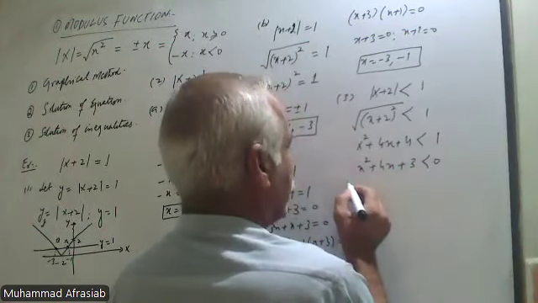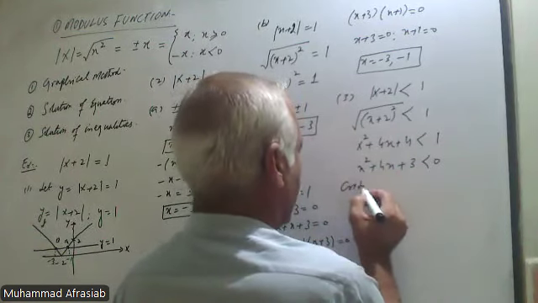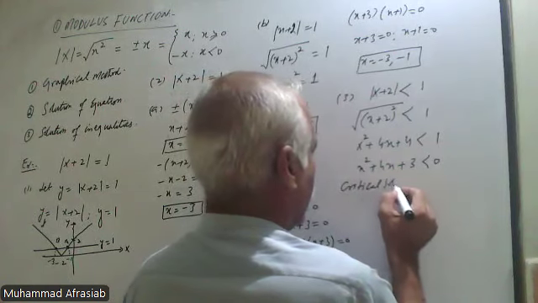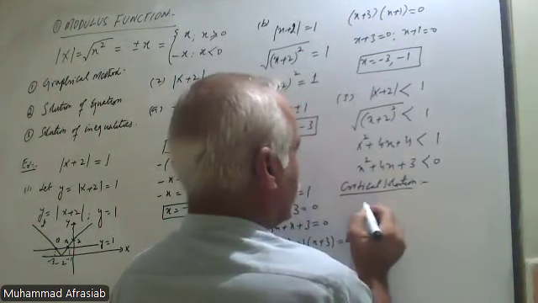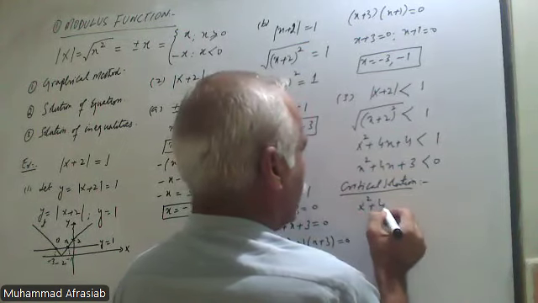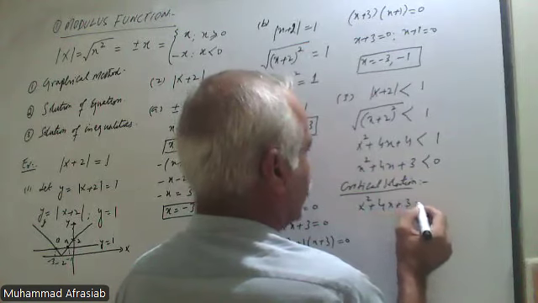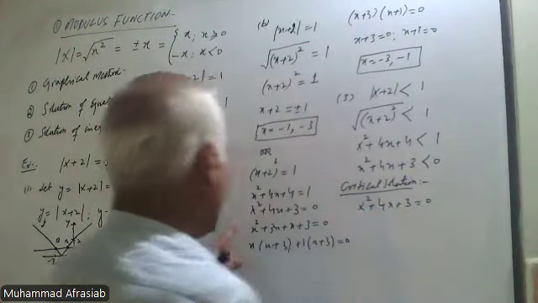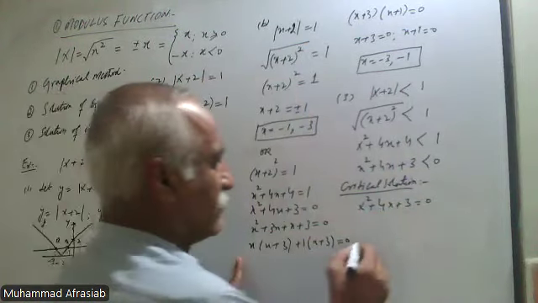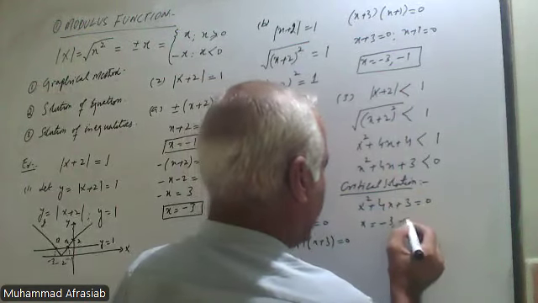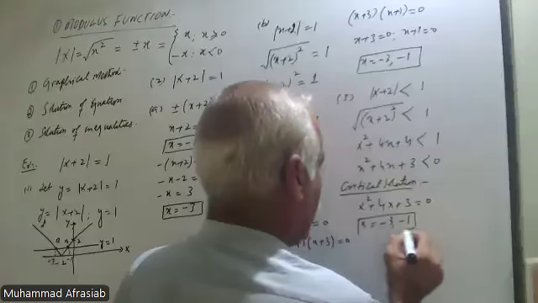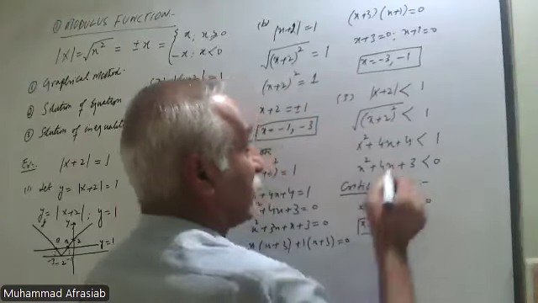Now we use the critical points. That means you take x squared + 4x + 3 = 0. As we have already factorized, x would be equal to -3 and -1. Now you draw the inequality graph for this part.